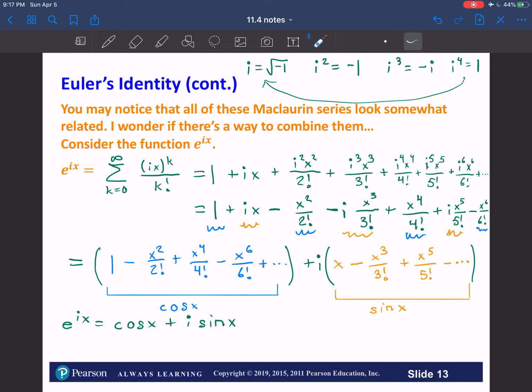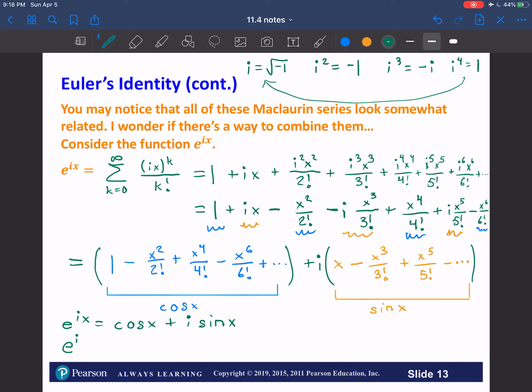This function is actually used all the time in physics. It's very useful. And it's one of the cool applications of using the imaginary unit i. But this becomes even more astonishing whenever we consider what happens whenever you plug in x equals pi, right? So consider plugging in x equals pi.